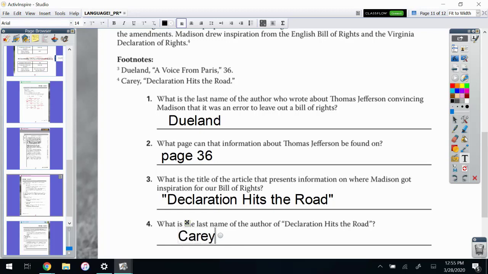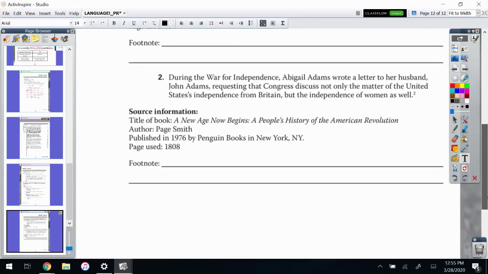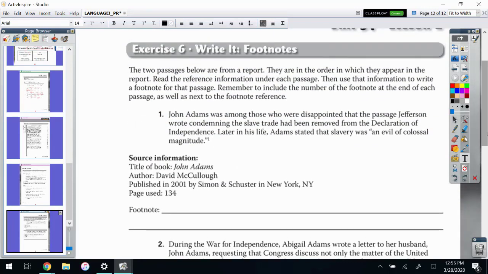Nice work. Now I want you to go to the next page, page 123 in your interactive text. What you are going to do is work on this by yourself. The two passages below are from a report. They are in the order in which they appear in a report.